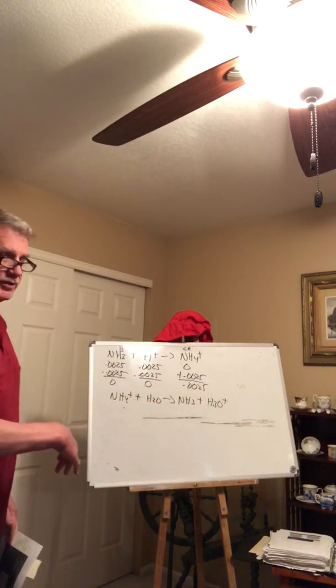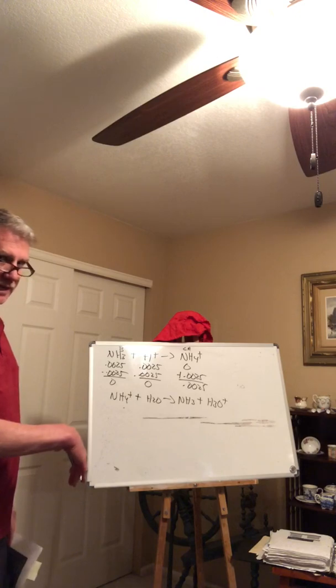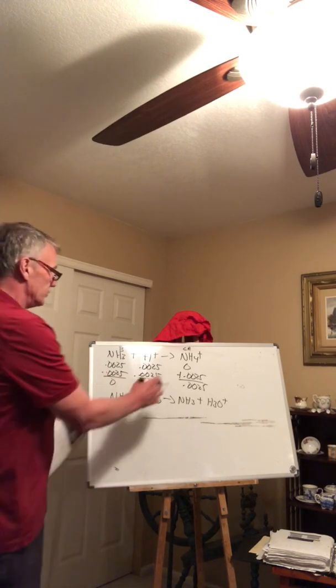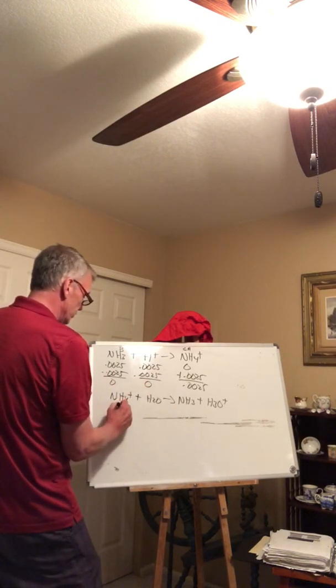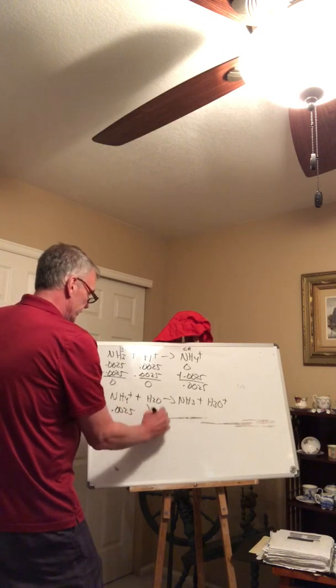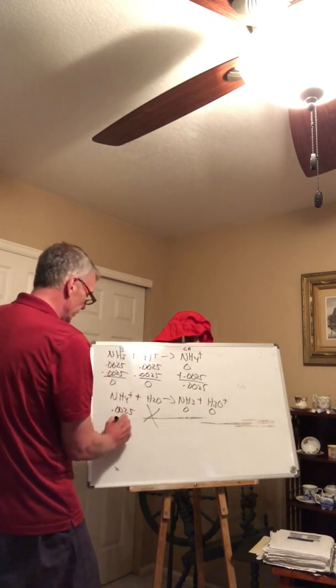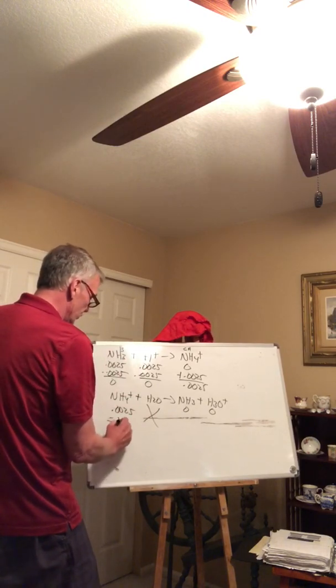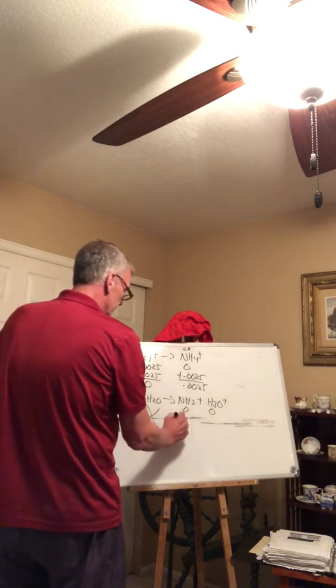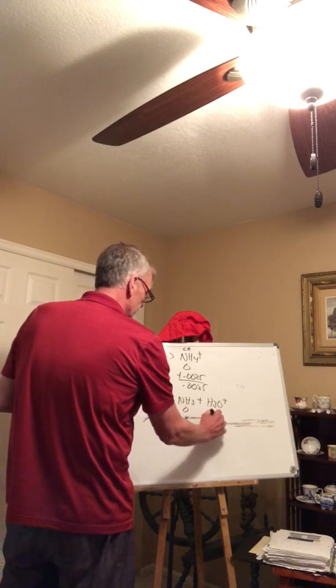I did the same thing in the scenario with the weak acid and the strong base. So I start with the 0.0025. The water I'm not concerned about. This x, which I'm going to ignore. Then I have x and I have x.